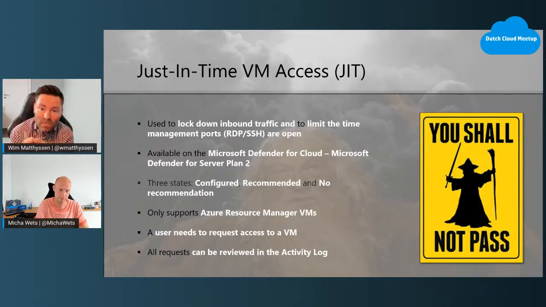And in the meantime, it limits the amount of time those management ports are open. I think the maximum is still 24 hours. Good to know is that you can start using JIT if you use Microsoft Defender for Cloud with the Defender for Servers Plan 2 enabled.